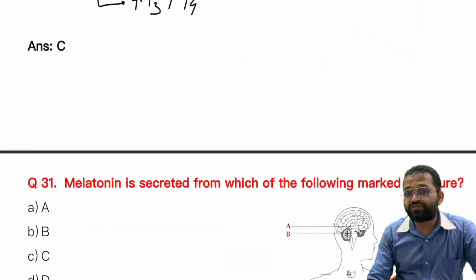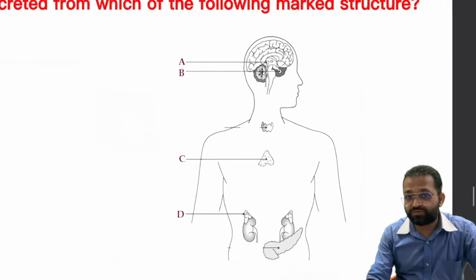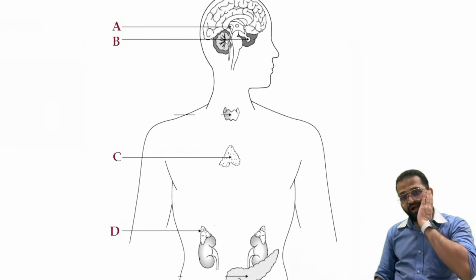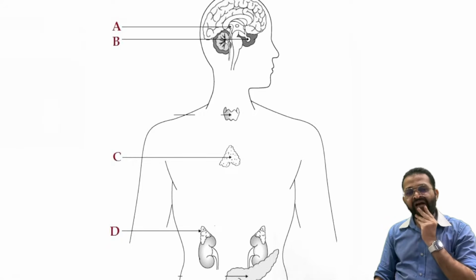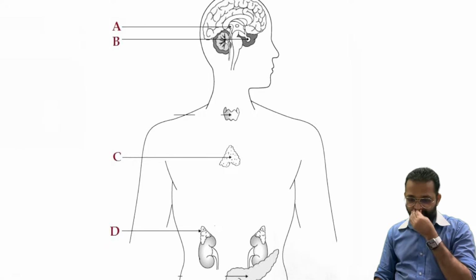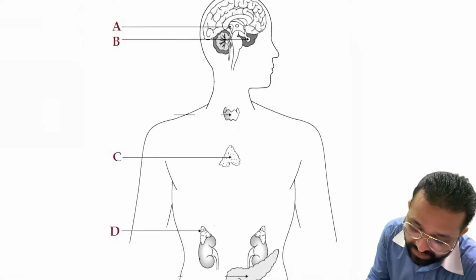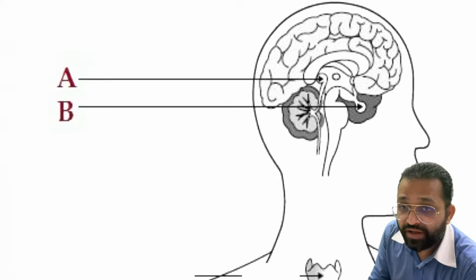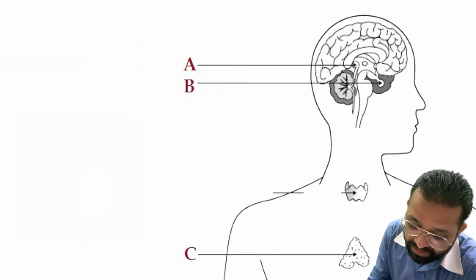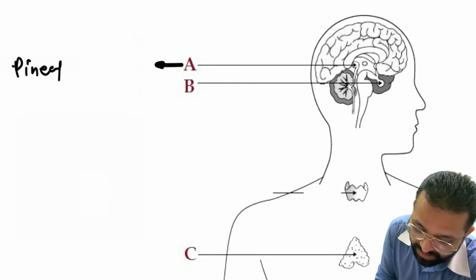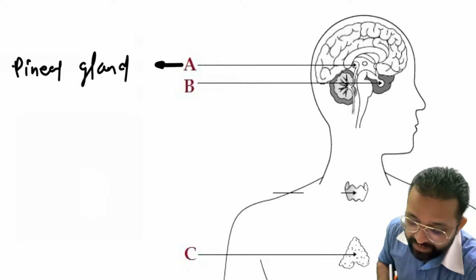Melatonin is secreted from which of the following marked area? So you have to tell me about the melatonin secretion. Yes, look here. This A is just behind our midbrain part. Sir, this is nothing. This is the pineal gland.